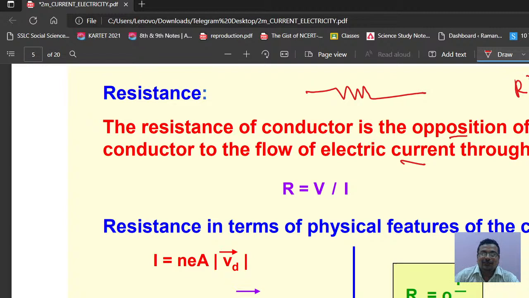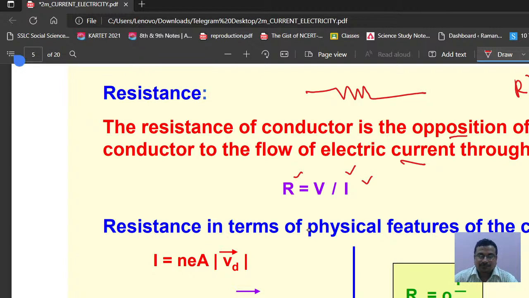If this value increases, the current value will decrease. So resistance is inversely proportional to the current. R represents resistance, V is the voltage, I is the current, this is Ohm's law.